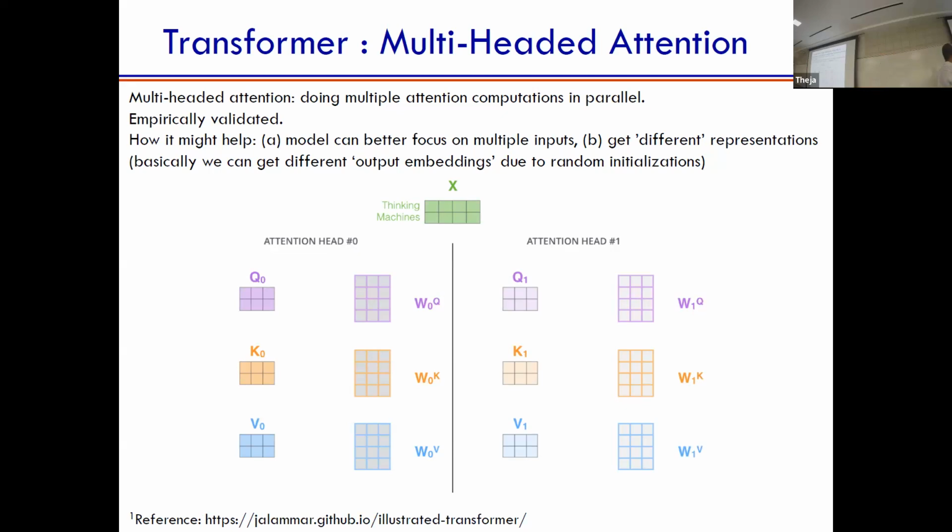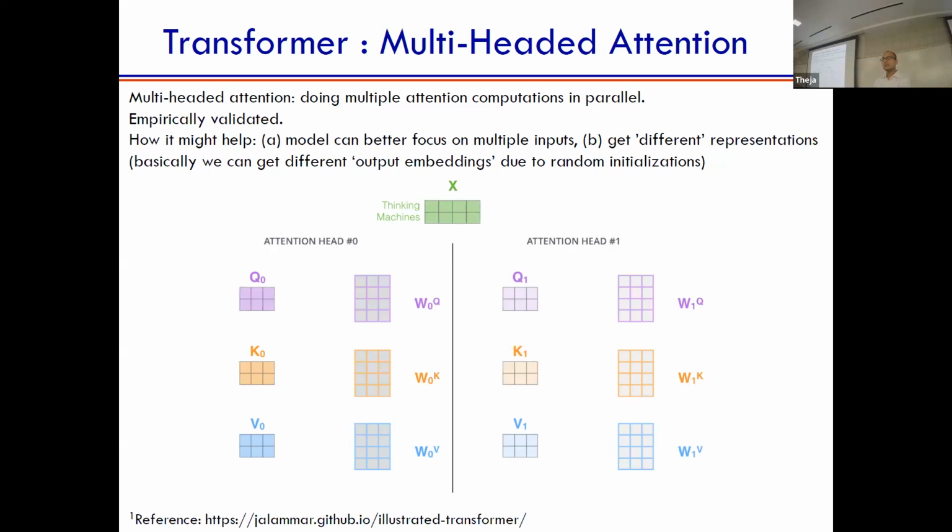The idea is that when you're trying to compute Z1, Z2, Z3, whatever these vectors per word index, maybe that word is relying on some part of the previous words, but that may not be the only place it needs to attend to.